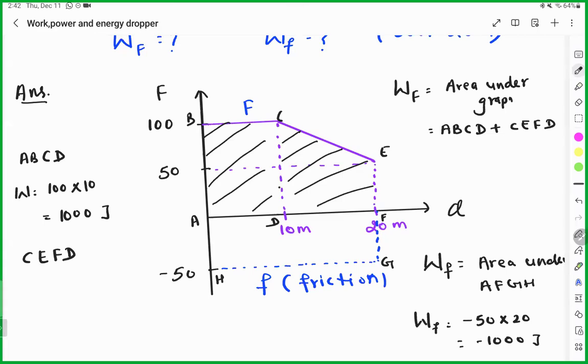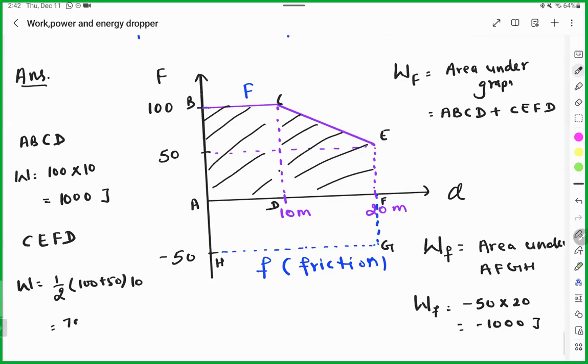How to calculate the area of the trapezium? One by two, both sides added. One is 50, another is 100. Multiply by the base, and the base will be 10. Yes or no? Any doubt? So it will be 750.